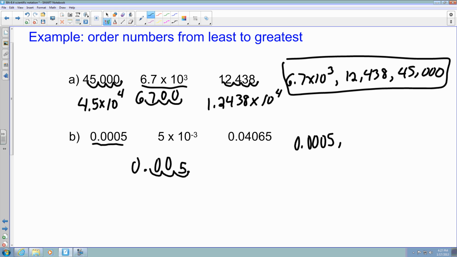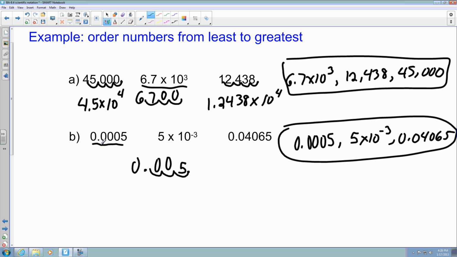The second one would be my 5 times 10 to the negative third because that has 2 zeros in front of the 5. So my second one would be 5 times 10 to the negative third. And then my largest one in this particular example would be 0.04065. Okay.